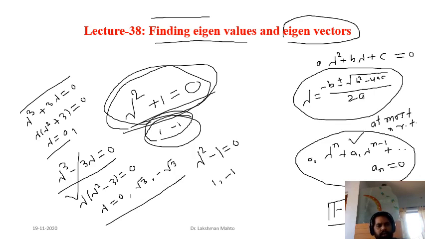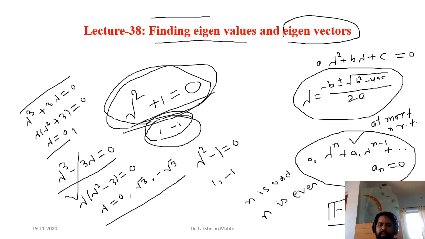So simply you can say that if you are taking a polynomial of degree n, and n is odd, then there is a guarantee that you will get at least one real root. But if your polynomial is of even degree, that means n is even, then you may not get any real root.